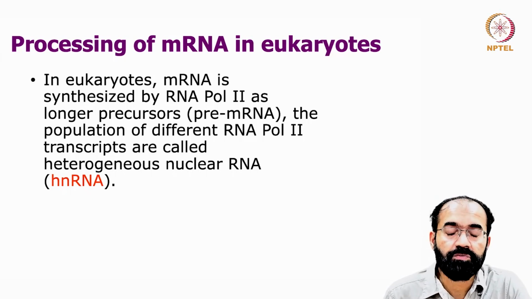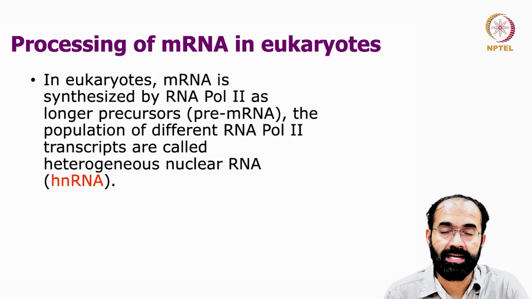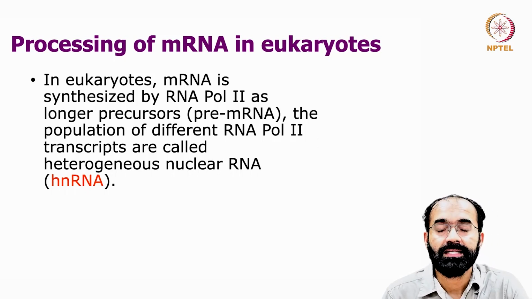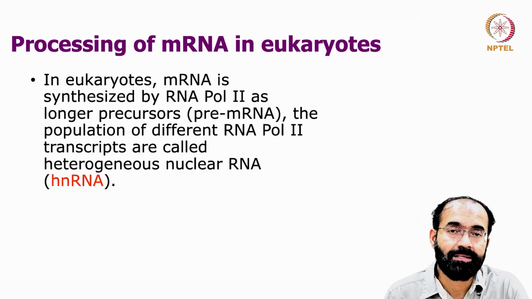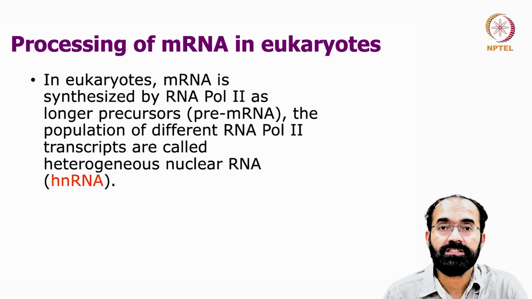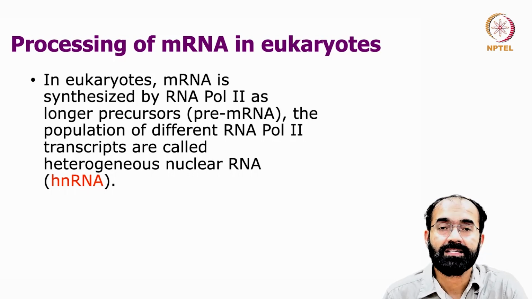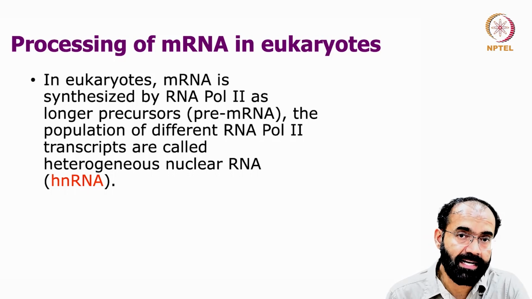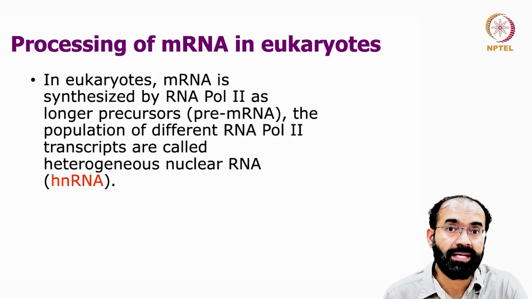The population of different RNA polymerase II transcripts is called heterogeneous nuclear RNA, hnRNA, because they can also associate with specific proteins, making them hnRNPs, and this provides stability. These hnRNAs are always found interacting with some proteins to prevent their degradation and also for recognition by downstream events.